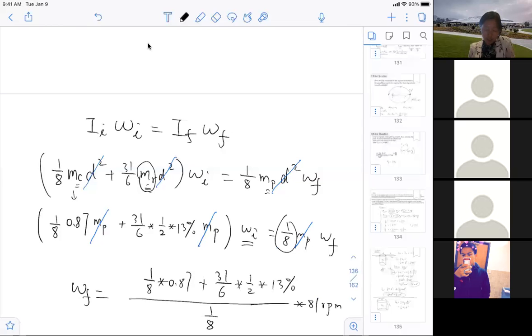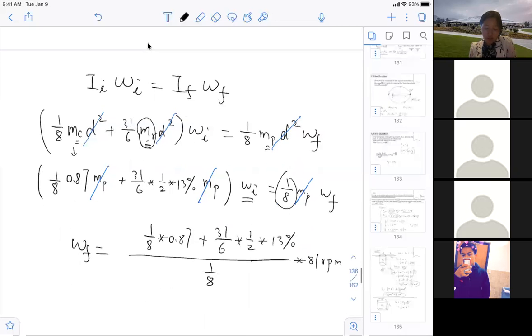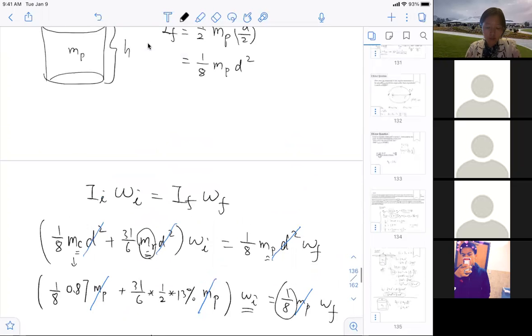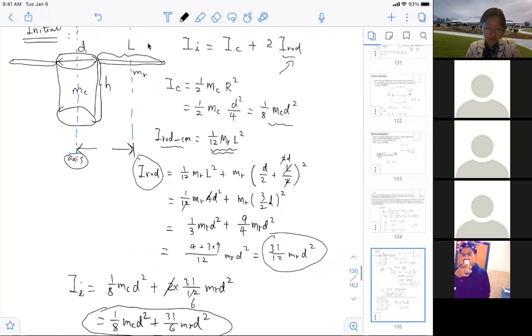So you can plug in numbers at this point, and I think the calculation is much more doable plugging in here rather than doing it earlier. Okay, so that is the answer, and the final result is somewhere around 288 RPM. So you spin much faster by bringing your arms in. You will get different numbers, but if you follow the same process, you should be able to solve this.